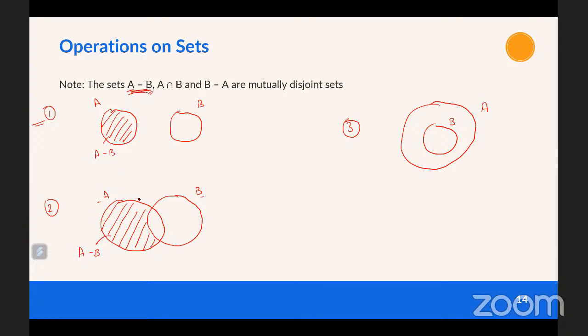Because this is common, and from the set A, which is the whole circle, you are removing this common area.